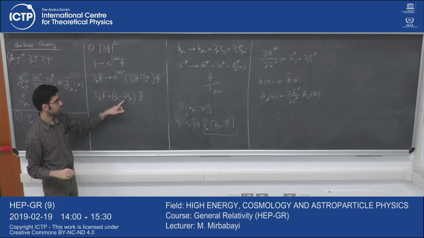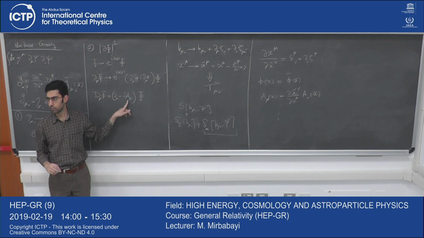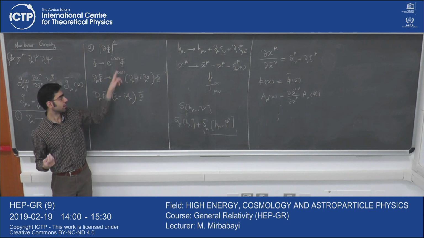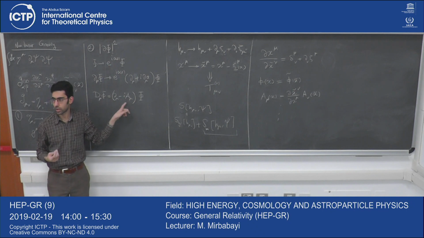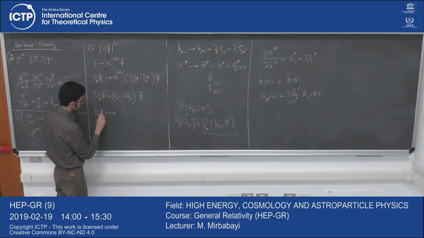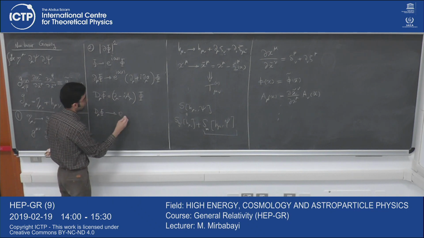And then if we take into account the fact that the A mu field itself transforms under this symmetry, and we have identified the parameters of the transformation, then the covariant derivative of phi does indeed transform in a simple way.